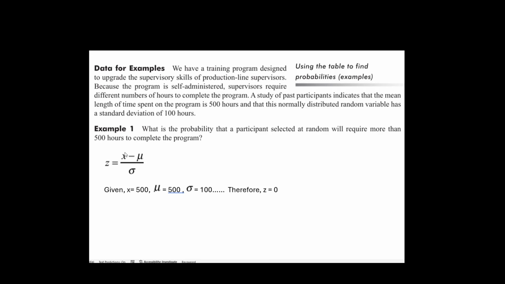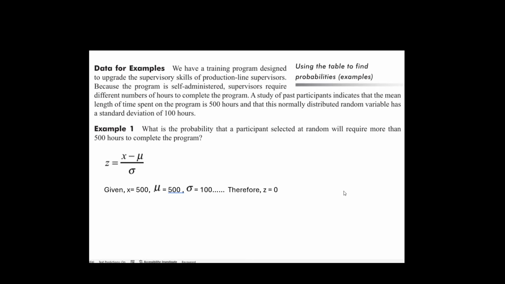Here, because we want to find the Z value for 500 hours, our X becomes 500. The mean of the population, shown as mu, is 500. The standard deviation for the population is sigma, which is 100. When we put these values in, you will get Z equal to 0.